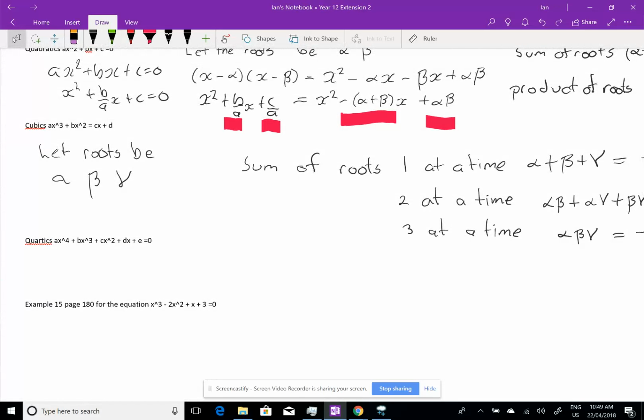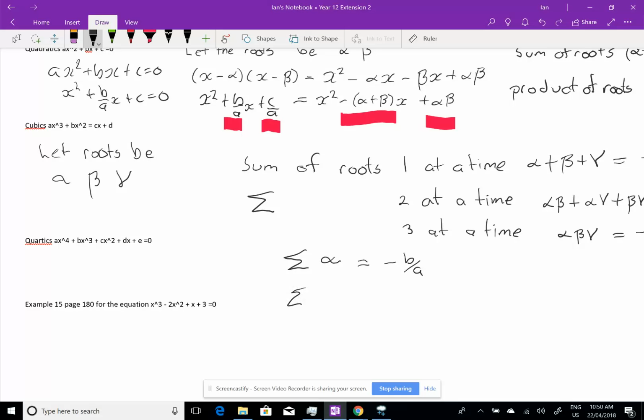So when we get to a quartic, I'm going to change the terminology here because I'm doing the sum, and we know we have a symbol for sum. So from a quartic, if I sum the roots one at a time, that'll be minus b on a.